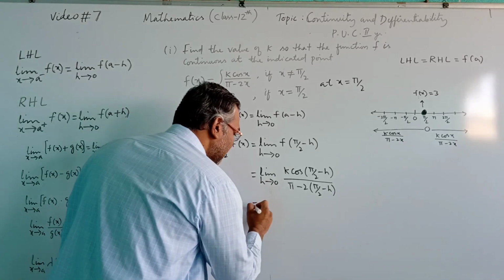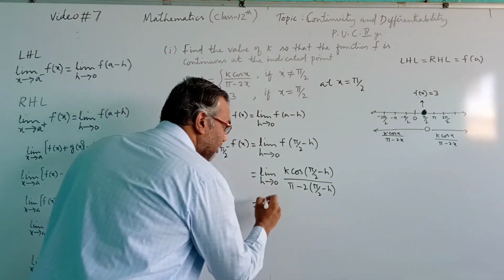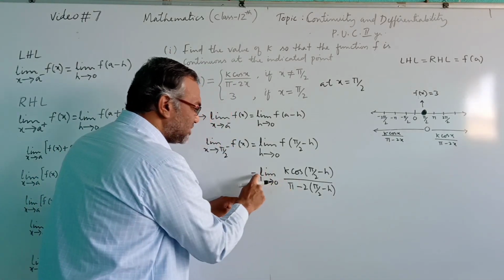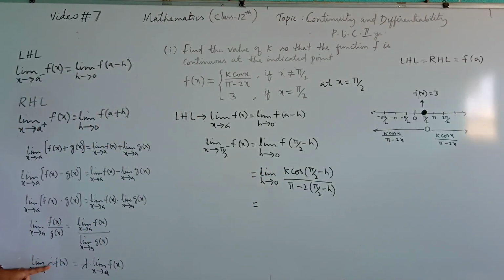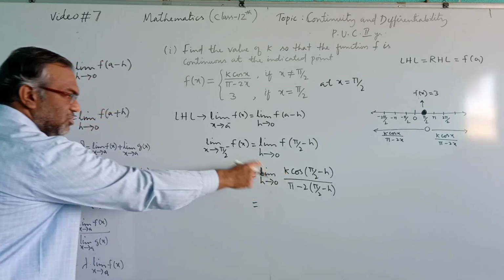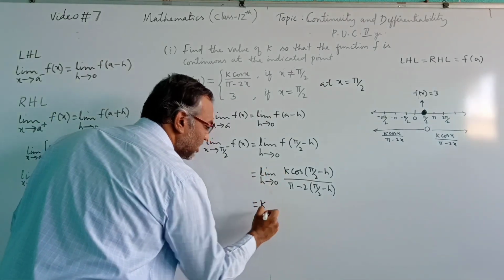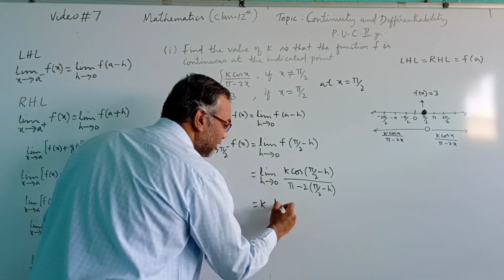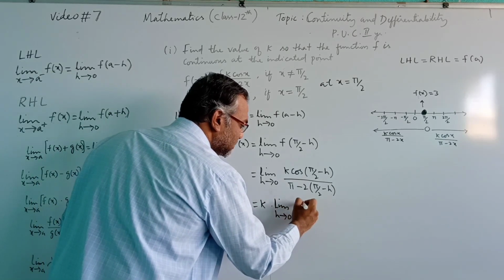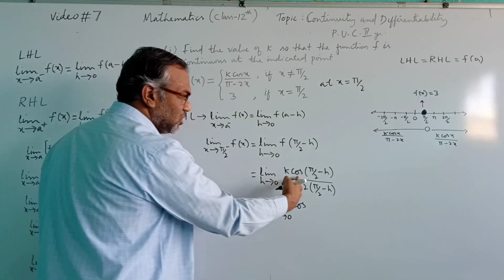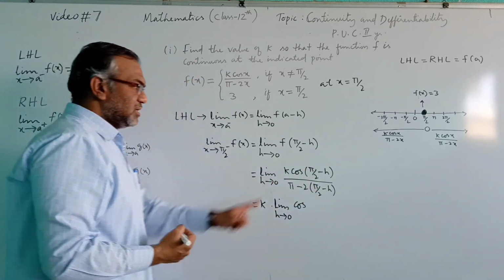For that, we can keep k outside. k is a constant, so using the algebra of limits we can send it out. So that becomes k into limit h tends to 0 of cos 90 minus h.